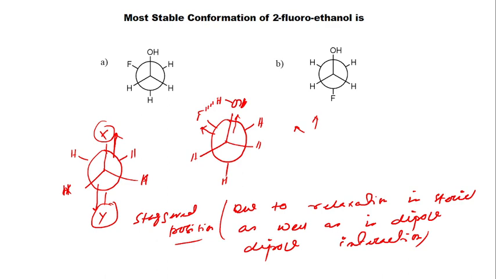This is stabilized through H bonding. So we have to consider this one. Due to this H bonding, this compound is stabilized. Though the dipole is here, this one is unstable due to lack of hydrogen bonding. So this is the option. Yes, this is the most stable conformation.